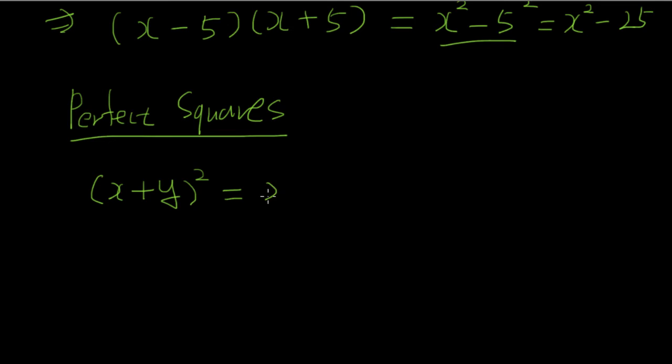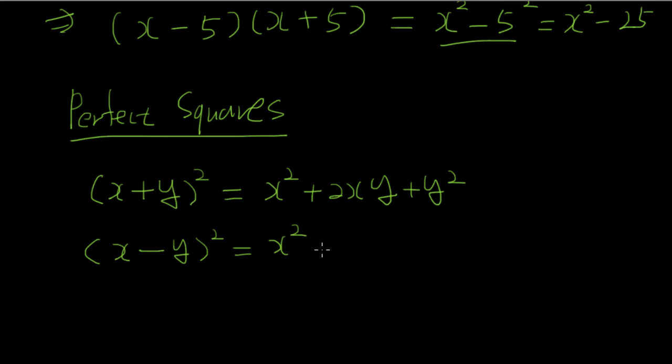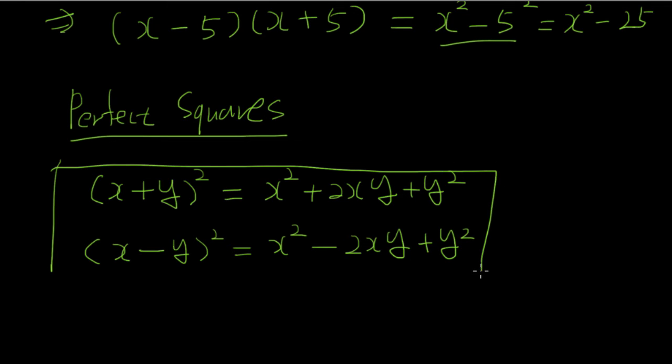Then this becomes x squared plus 2xy plus y squared. So the first term squared, plus 2 times the first one times the second term, plus the second term squared. Almost the same: if there is a minus in the middle, then it will be x squared minus 2xy plus y squared. So this is called the perfect square formula.